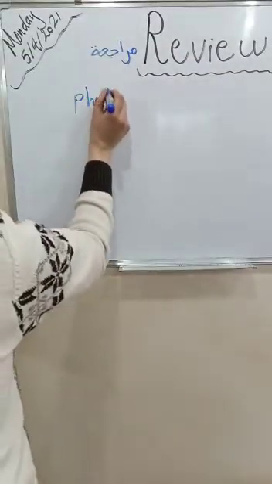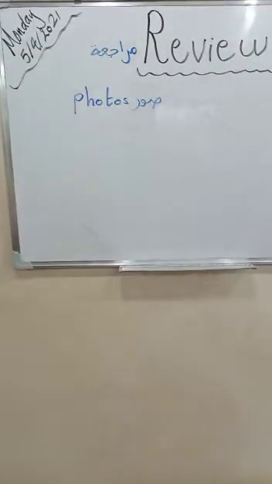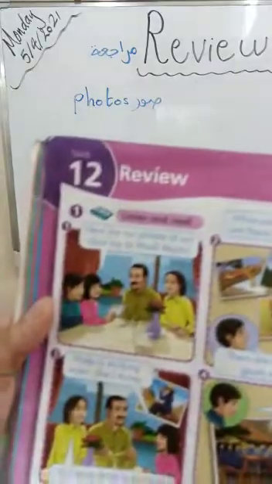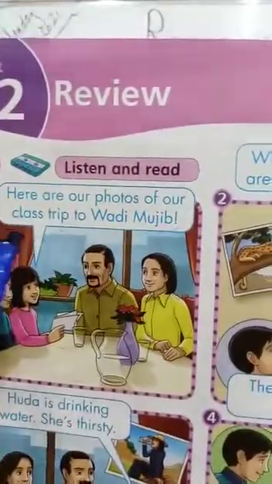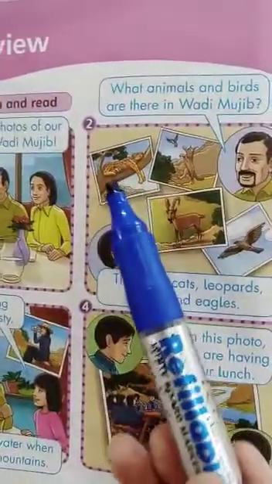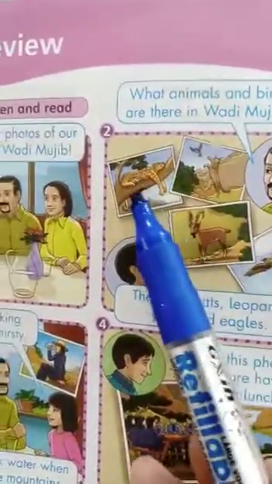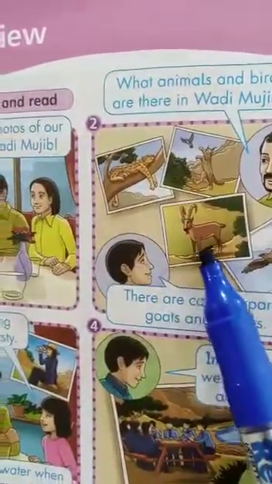These are our photos of the class trip to وادي موجب. هذول صورهم لوين يا ثالث؟ للرحلة الصفية to وادي موجب. Let's see these photos. We can see a leopard, a cat, an eagle, a goat.